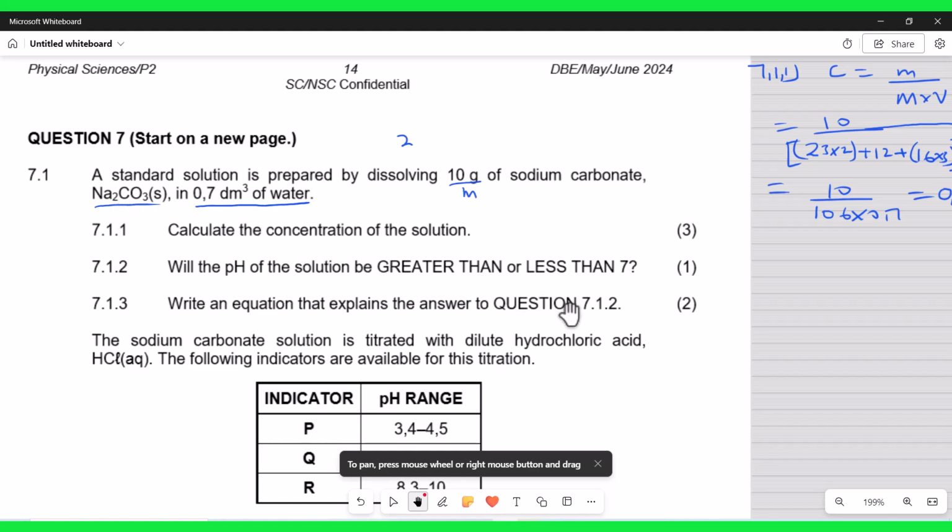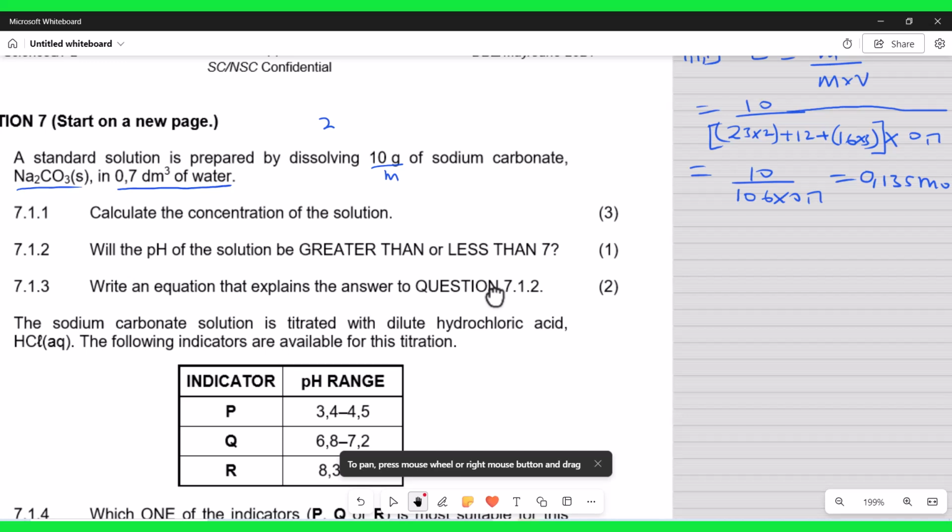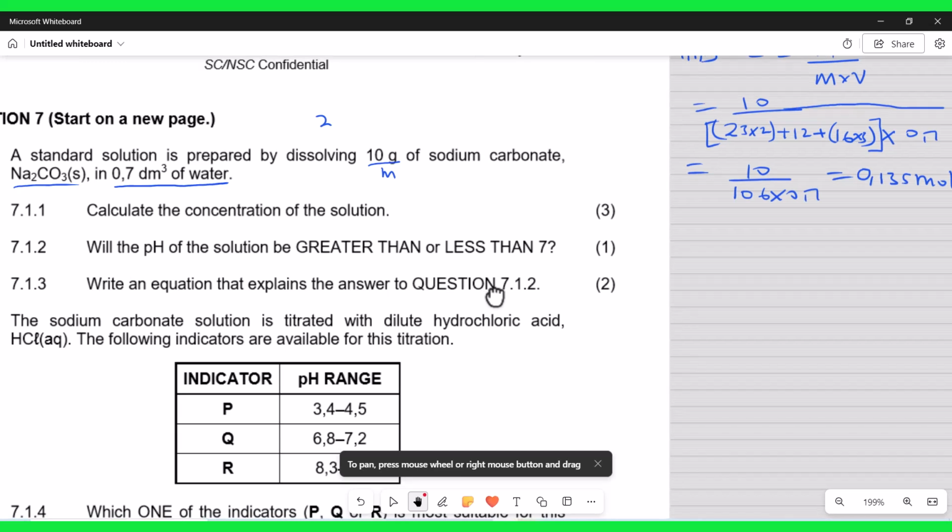But to answer this question, that is 7.1.2, to see whether it's going to be less than or greater than 7, let us first write the equation, where they say write an equation to explain your answer. So I start with the equation so that I can see it properly.